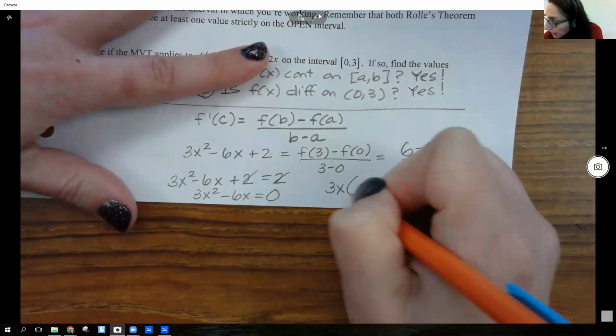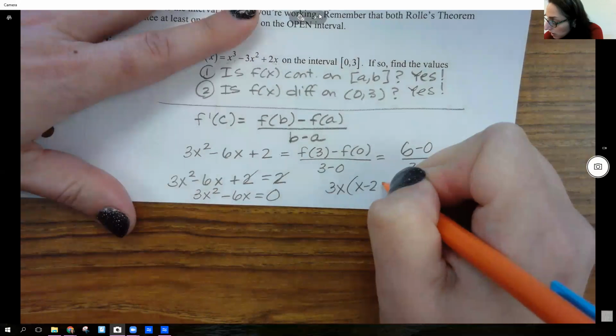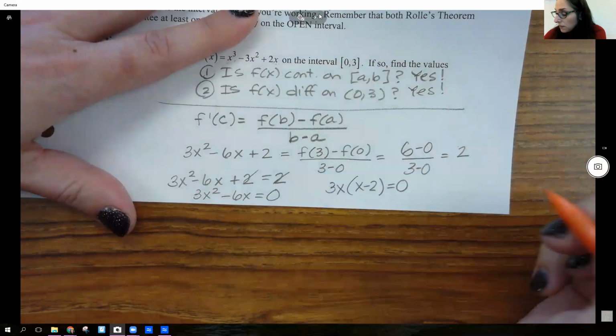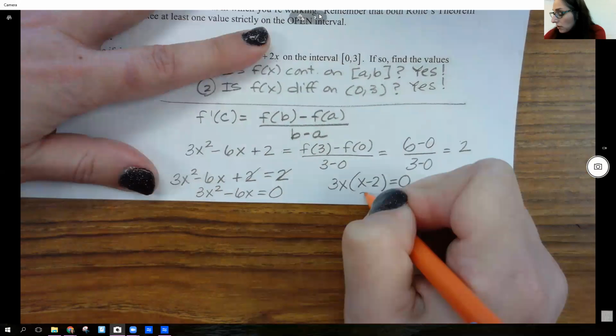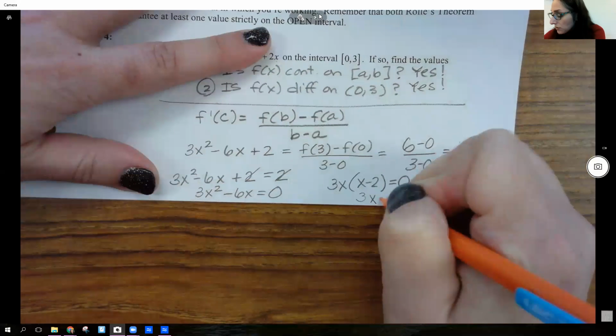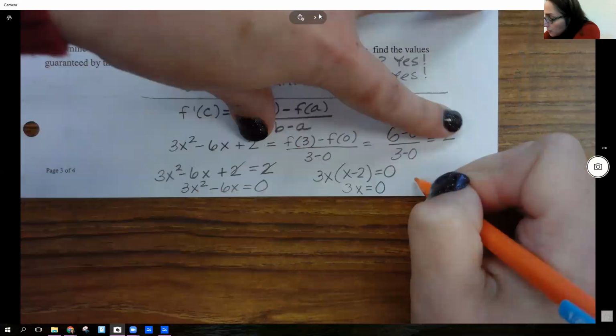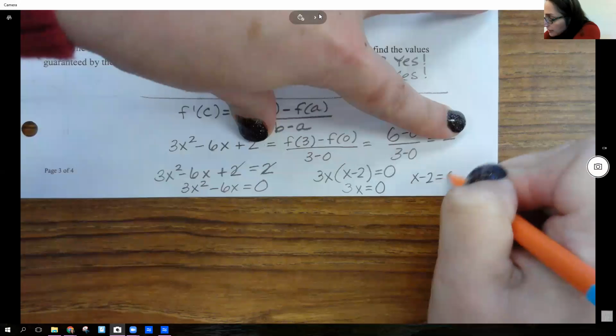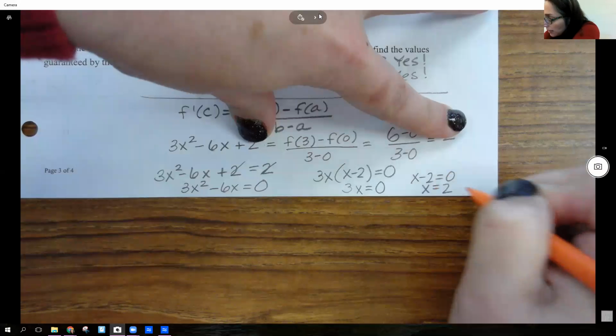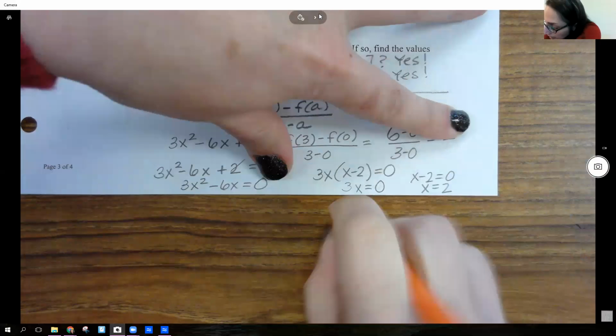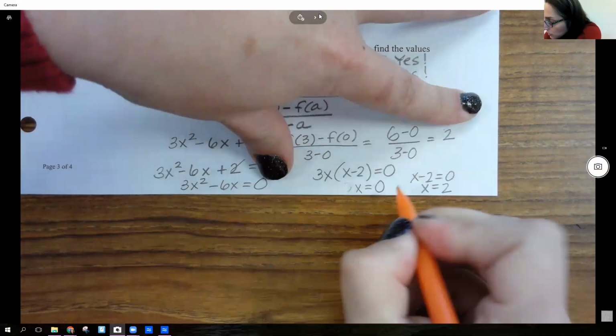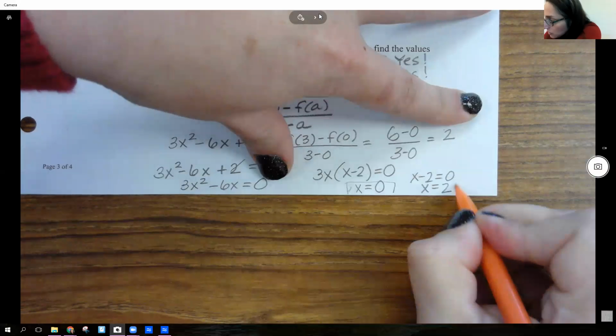So this would be x minus 2 equals 0. So 3x equals 0, x minus 2 equals 0. So x equals 2, and x equals 0. So x equals 0 and x equals 2.